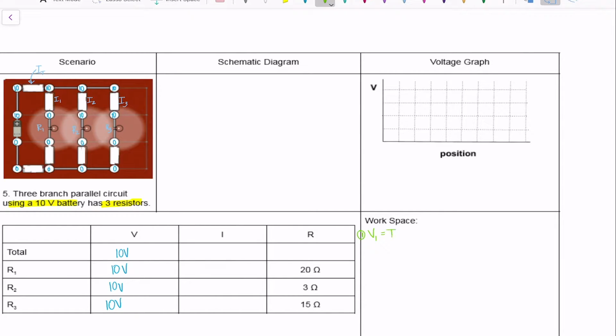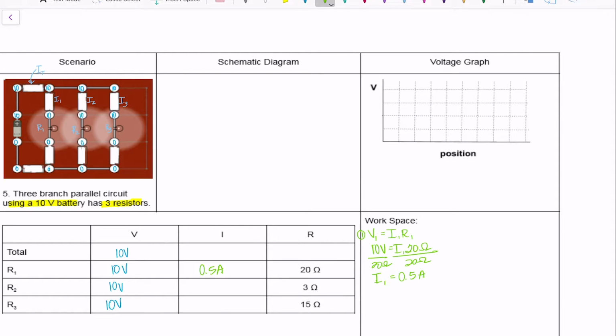For branch 1, we'll use V is equal to IR, so we have 10 volts is equal to some number we don't know yet times 20 ohms. When we divide by 20 ohms, we get that the branch 1 current is 0.5 amps.